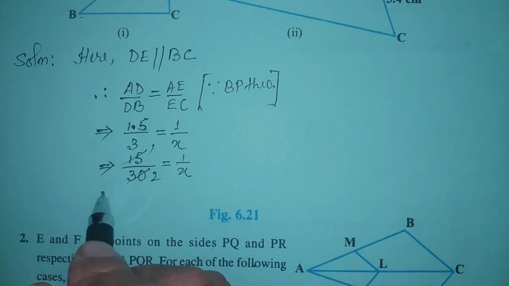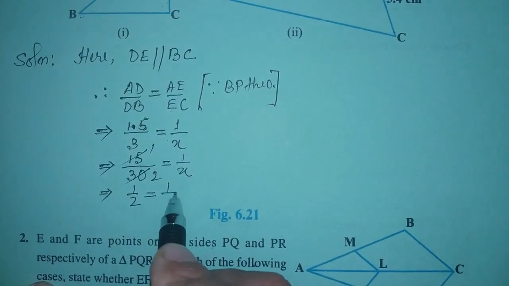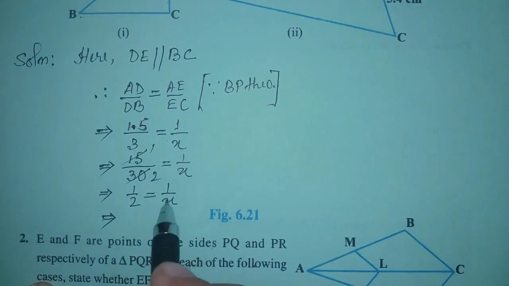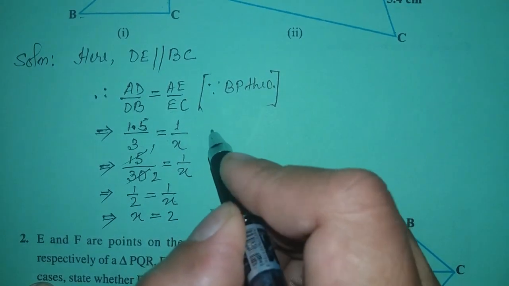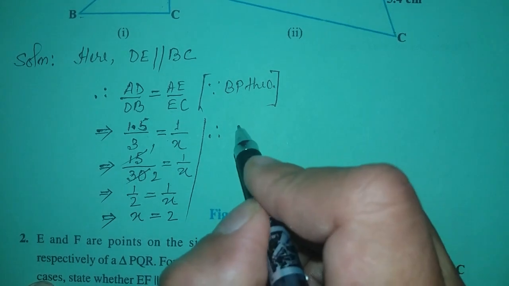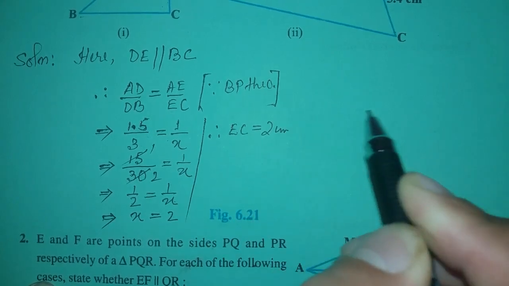So now we get 1 by 2 is equal to 1 by X. If you cross multiply, you get X is equal to 2. Therefore EC is equal to 2 centimeter.